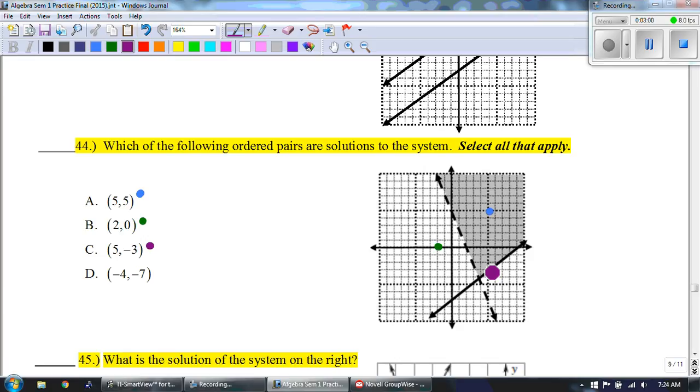What do you think about 5, -3? 5, 1, 2, 3. I think that's right there. And then -4, -7, all the way over here. No, that doesn't work. So our two answers for this would be A and C.